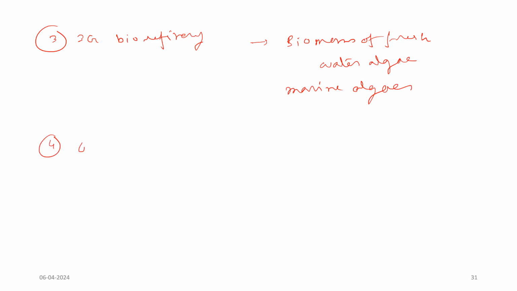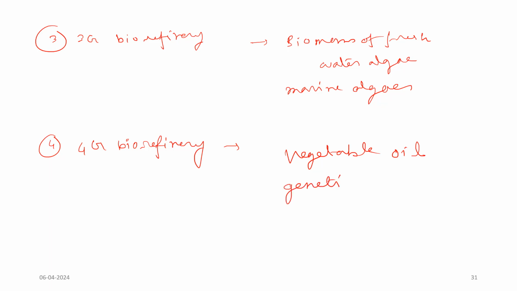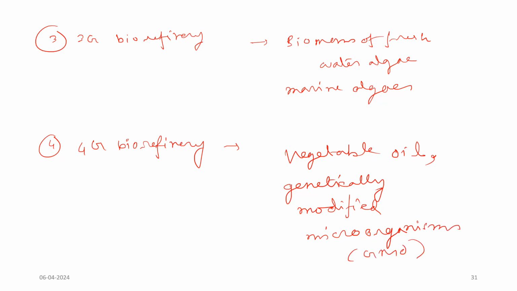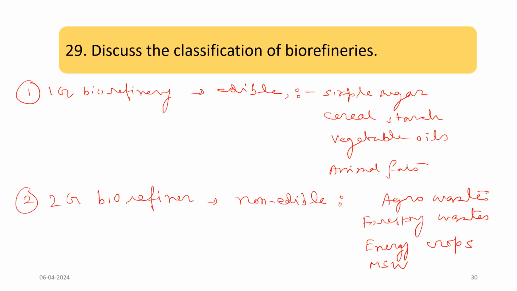And the last one is the 4G biorefinery, which includes vegetable oil and genetically modified microorganisms, that is GMO. Okay, so these are the 4 classes of biorefinery.